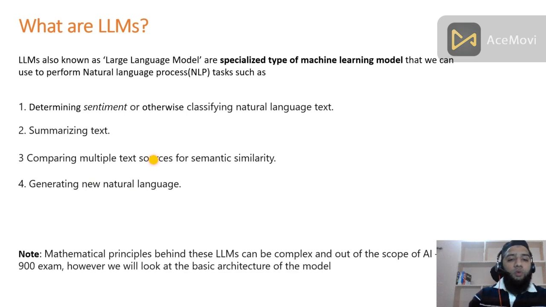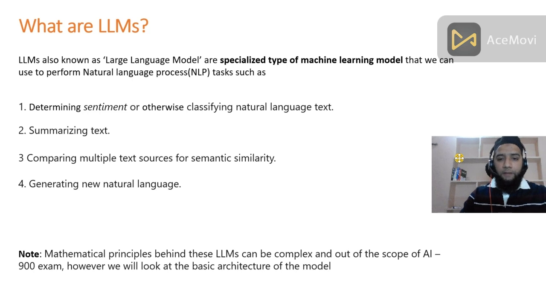One thing to note here is that the mathematical principles behind LLMs can be complex. It has complex probability and calculus and things like that, and that's out of the scope of this video and also the AI-900 exam.